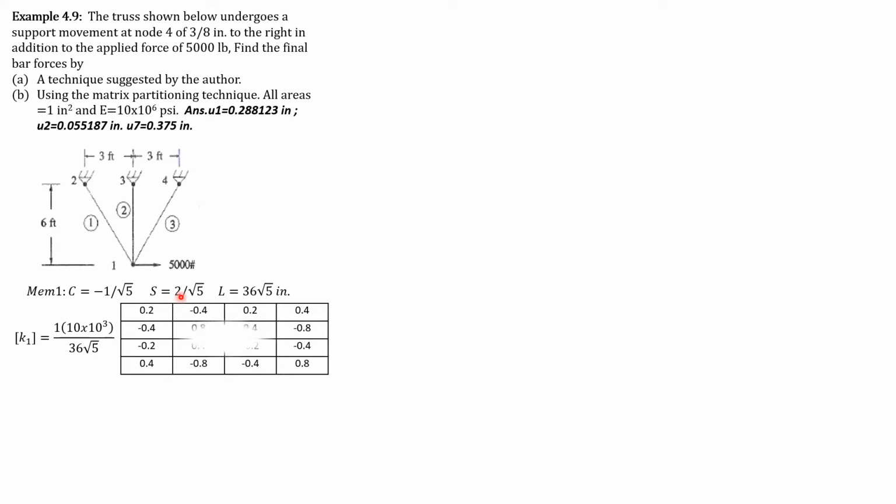Then the product CS is negative 0.4. Then their negatives. Then CS, copy, negative 0.4. This is S squared. 2 over square root of 5 squared is 4 over 5 or 0.8. Then their negatives here. Then copy this 2 by 2 matrix in this bottom right corner. Then this 2 by 2 matrix in the top right corner to bottom left corner.